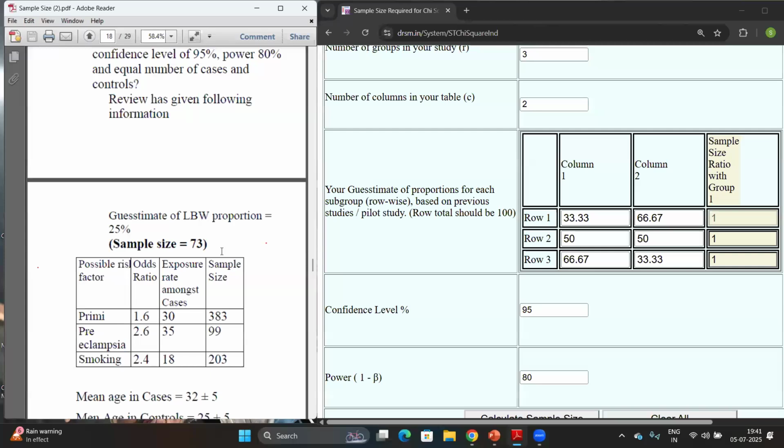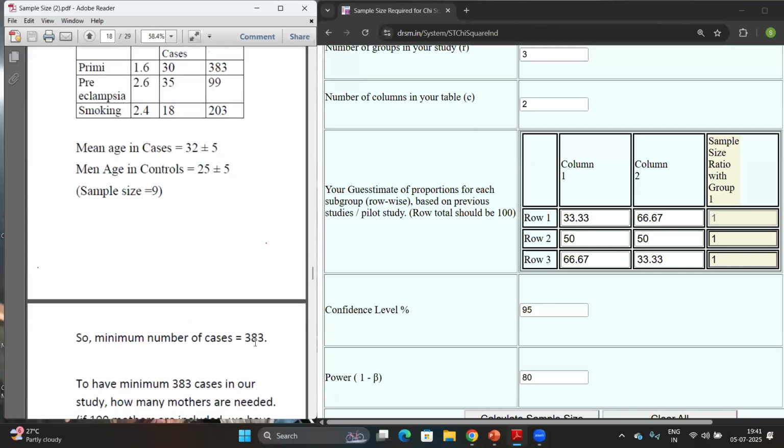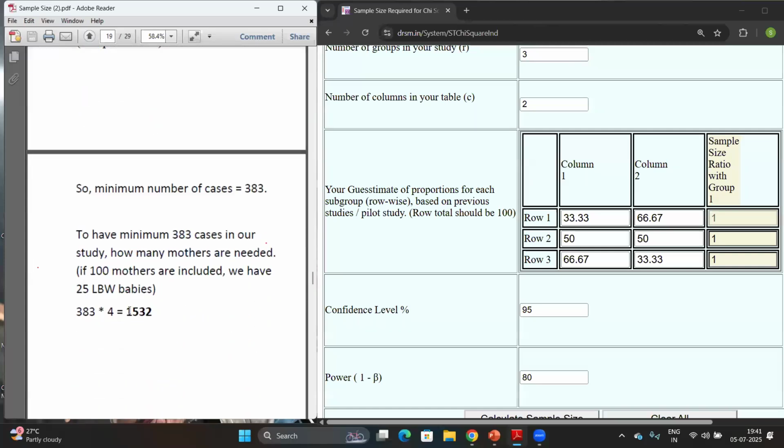1532. You got it? Yes, sir. So to have 383 low birth weight babies at a possible proportion of 25%, and to have minimum 383 cases, you must include 1532 mothers.